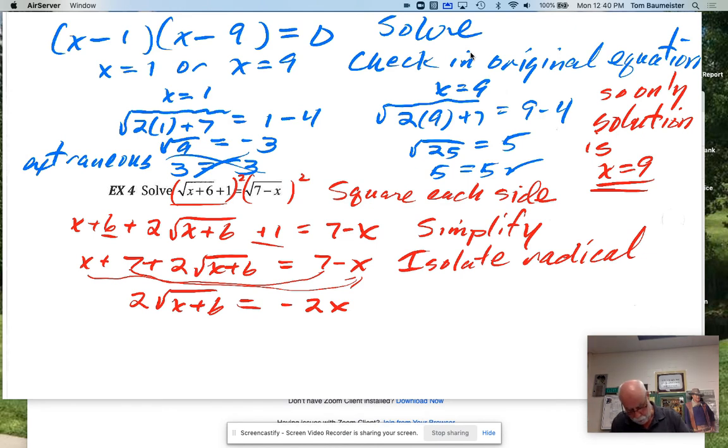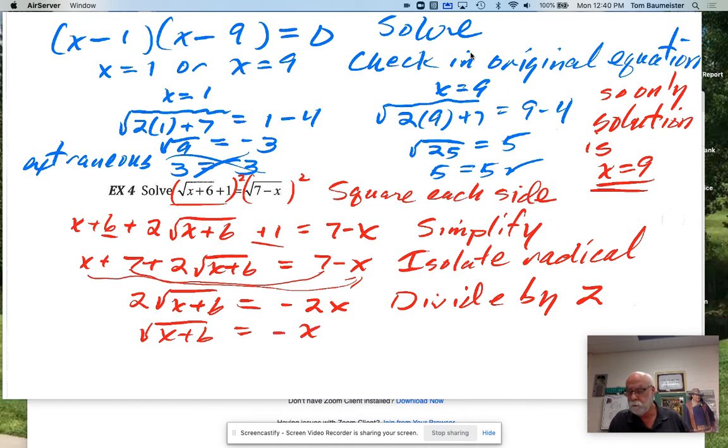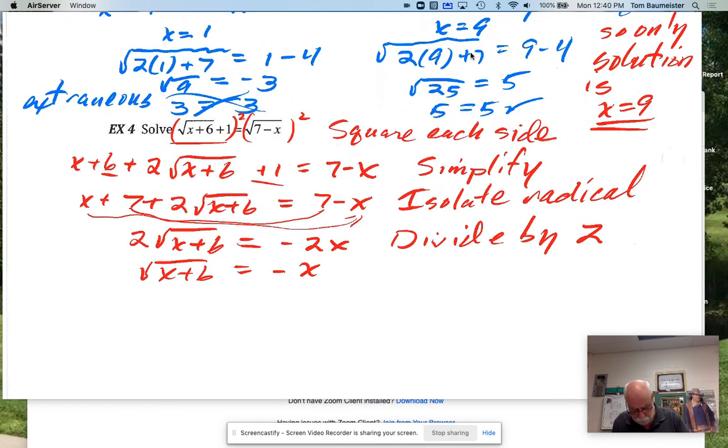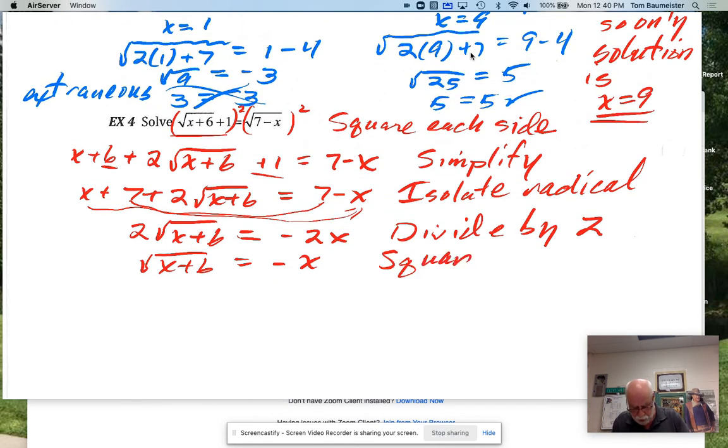All right, so now divide by 2, because I do not have the radical by itself. If I divide by 2, I'll get the square root of x plus 6 on this side. On the other side, I'll get negative x. Okay, now we can square both sides. Sometimes you might have to do it more than once. As you can see, we squared it once. This is the second time.